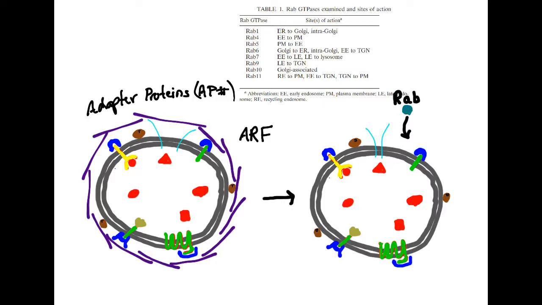But before doing that, what I wanted to point out is what I think is the final component of this cartoon, and that is these light blue entities. Notice that they're actually here but covered by the coat. We're going to need those for the fusion reaction. These, at this particular location, would be referred to as V snares.